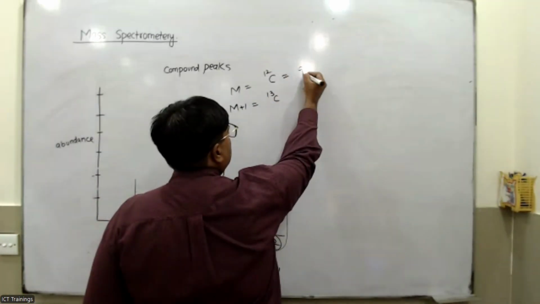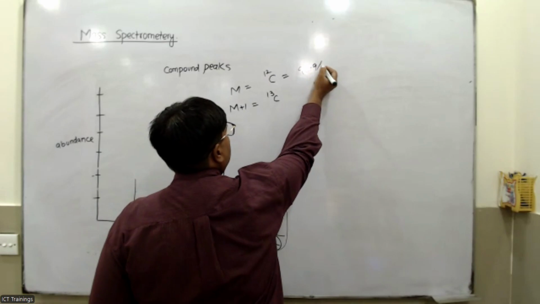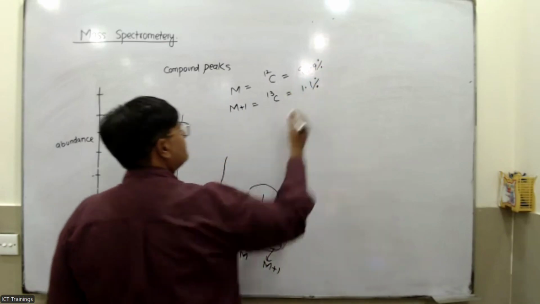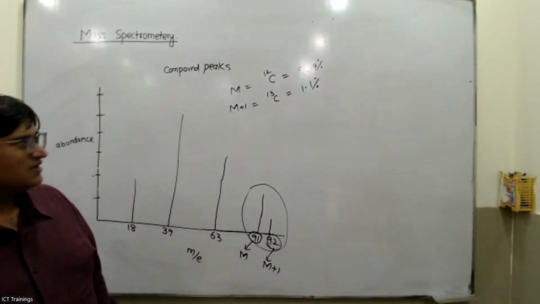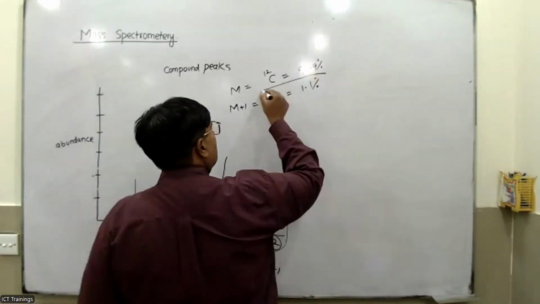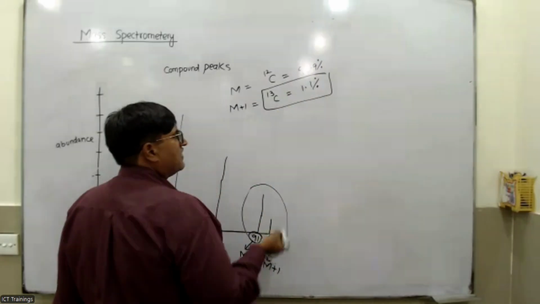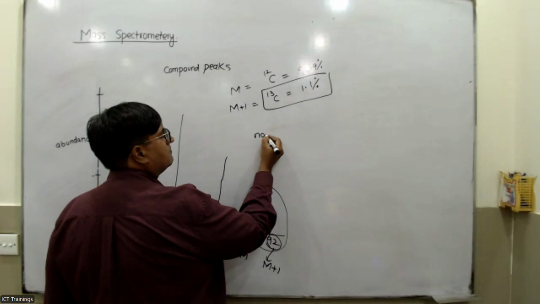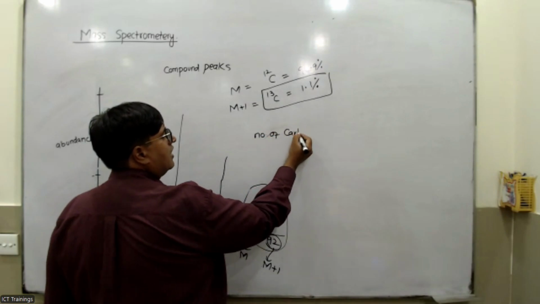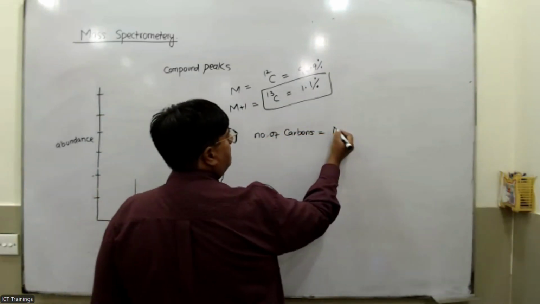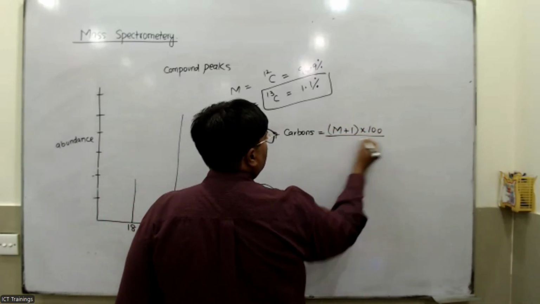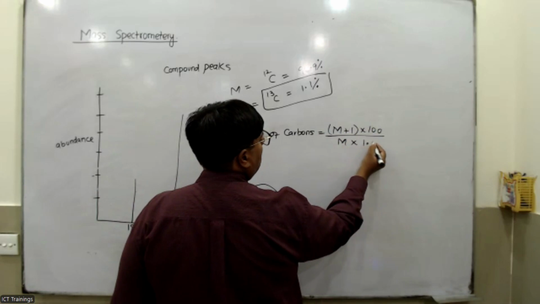Carbon 12 has an existence in nature of 98.9%, and carbon 13 has an existence in nature of 1.1%. Using this abundance of carbon 13, we can find out the number of carbons in a compound. How? M plus 1 into 100 divided by M into 1.1.